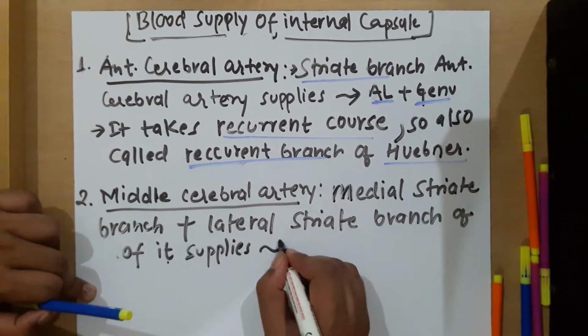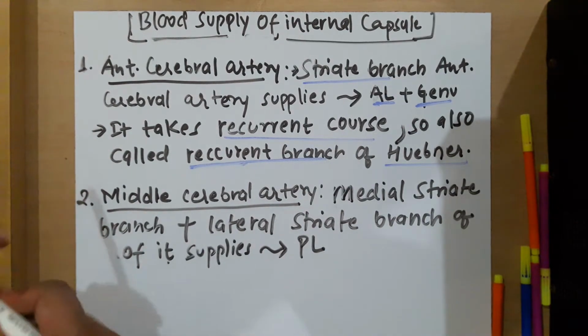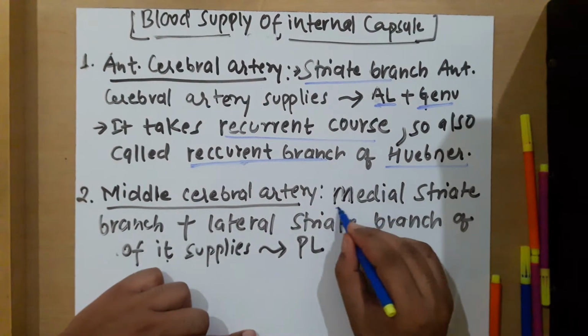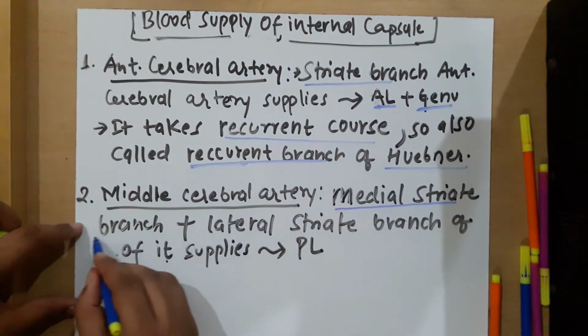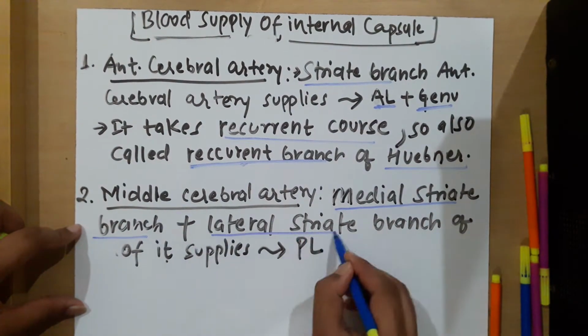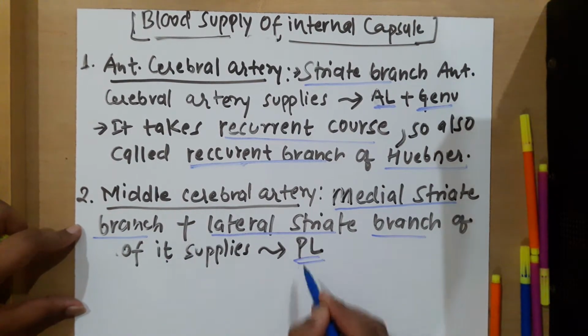We discussed previously that the middle cerebral artery supplies the posterior limb. So the medial striate branch and the lateral striate branch supply the posterior limb.